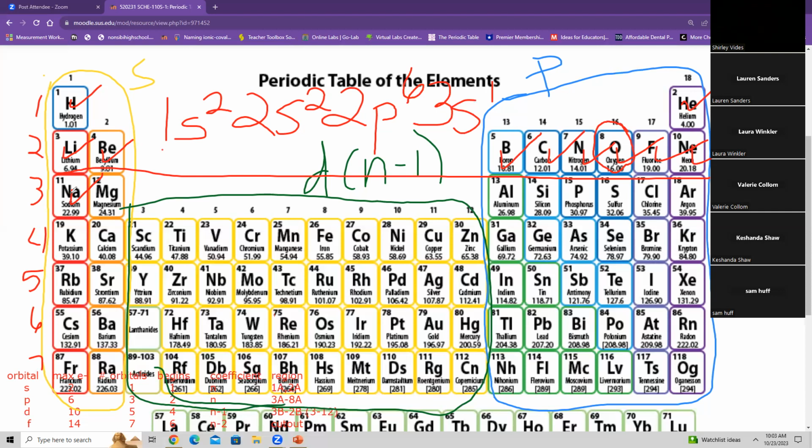One thing I want you to pay attention to, remember how I wrote down the maximum number of electrons? If you count, there's 1, 2 for this one, right? 1, 2, 3, 4, 5, 6 on this one. 1, 2, 3, 4, 5, 6, 7, 8, 9, 10 on this one. And 14 below. If we count it, it's 1, 2, 3, 4, 5, 6, 7.